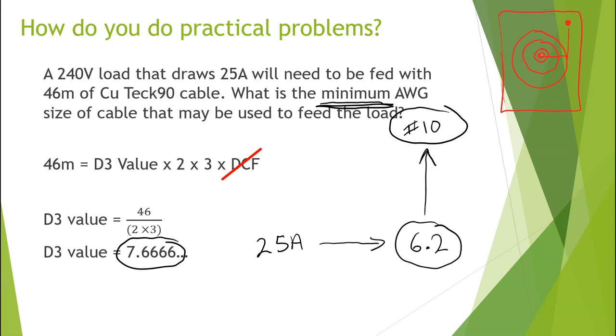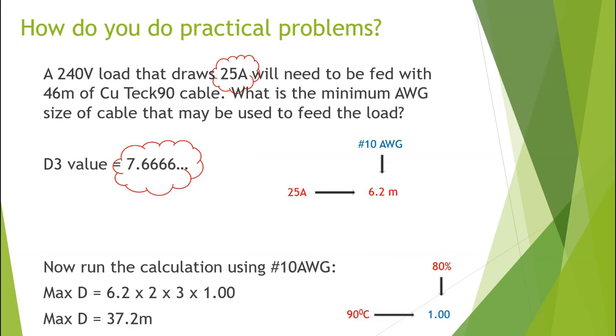So here we're identifying number 10 AWG, and that's going to give us a starting point. Now we would go through and verify whether this is the appropriate wire size or whether we need to go one step higher. So let's take a look at the rest of the process.